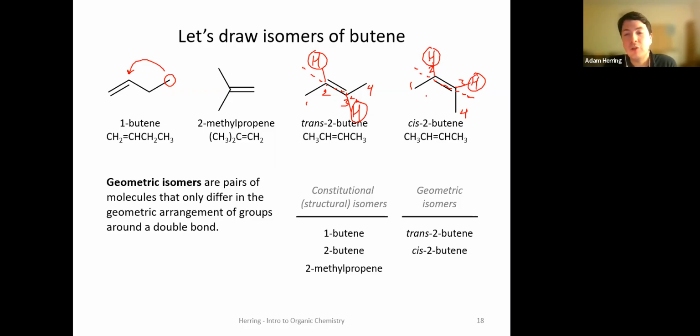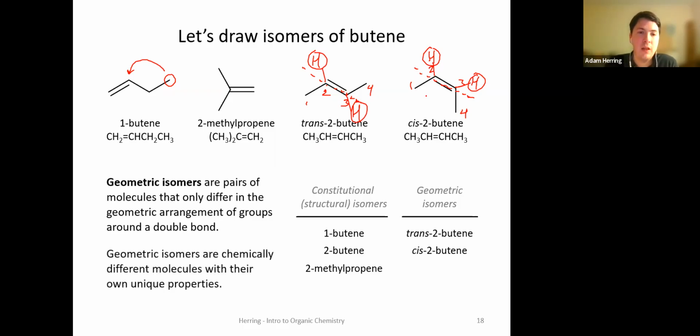But within 2-butene, we also have 2 geometric isomers. We have the trans version and we have the cis version. And these geometric isomers are chemically different from each other. They have their own unique properties in a similar way that constitutional isomers are different from each other.